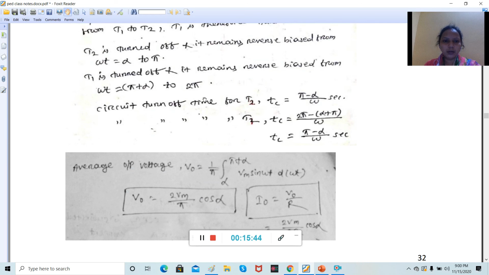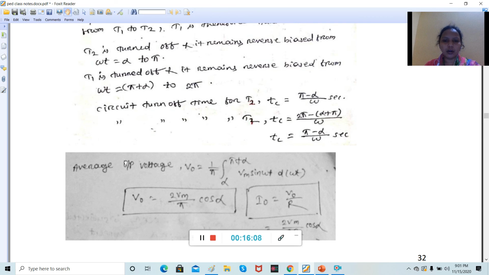If we find the circuit turn off time for both thyristors T2 and T1: for T2 it is pi minus alpha by omega. For T1 it is 2 pi minus pi plus alpha by omega, that is pi minus alpha by omega seconds. So for both thyristors, circuit turn off time is pi minus alpha by omega.